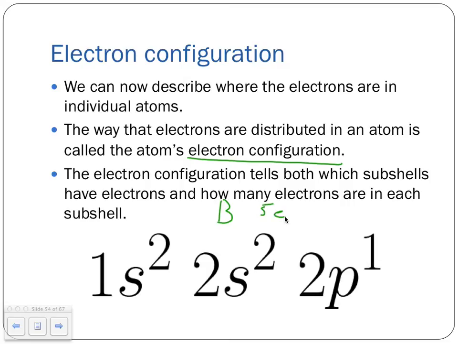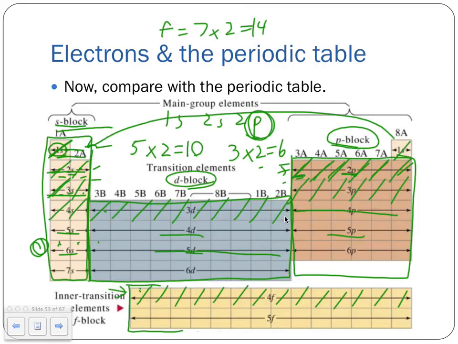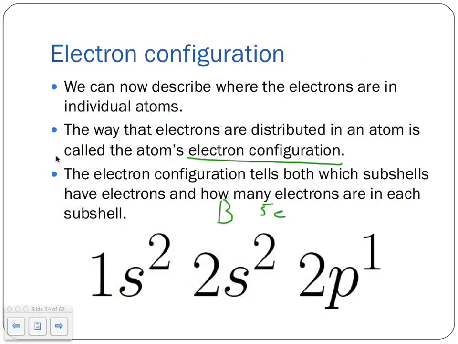Where would those electrons go? As we saw from our previous one, the first 2 electrons are going to have to go into the 1s. And so down here you can see we have a 1s. That indicates the subshell, and then how many electrons are in the 1s. We put a little 2 superscript up here to show that there are 2 electrons in the 1s for boron. After the 1s is filled, what do we go to next?